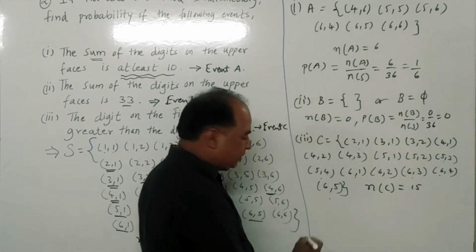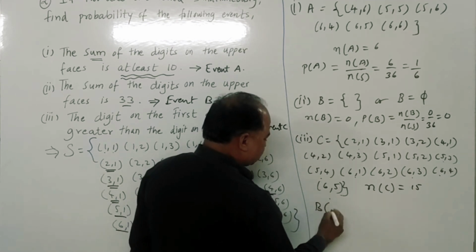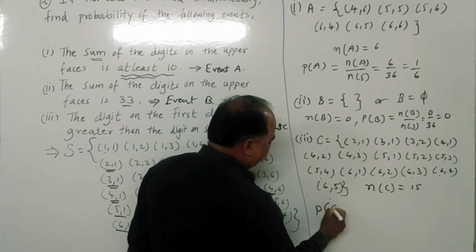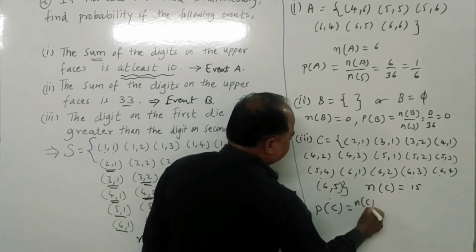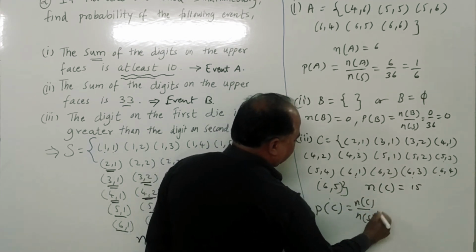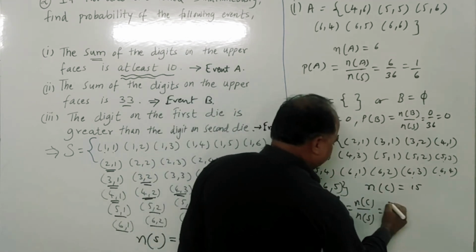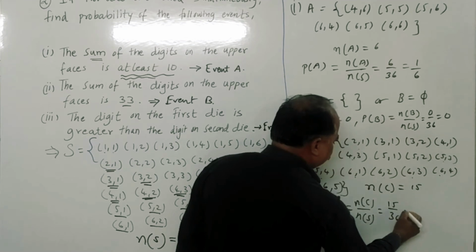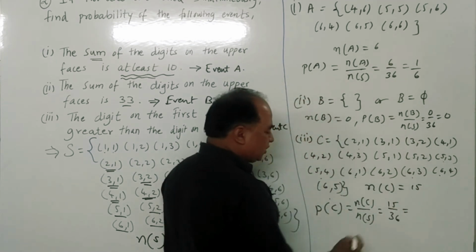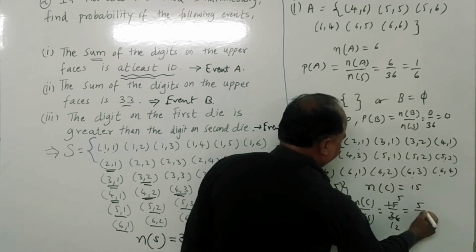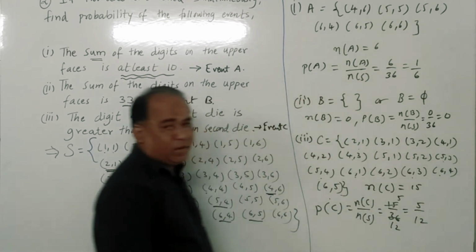So the probability of C, getting the score on the first die greater than the second die, is NC upon NS, the number of sample points in S. So that is 15 upon 36. You can reduce it to the lowest form. 3 fives are 15, 3 twelves are 36. So the probability is 5 upon 12.